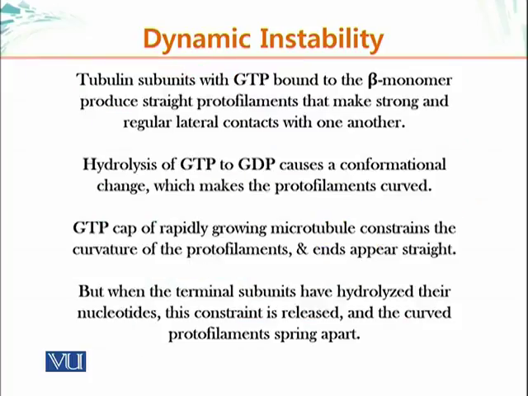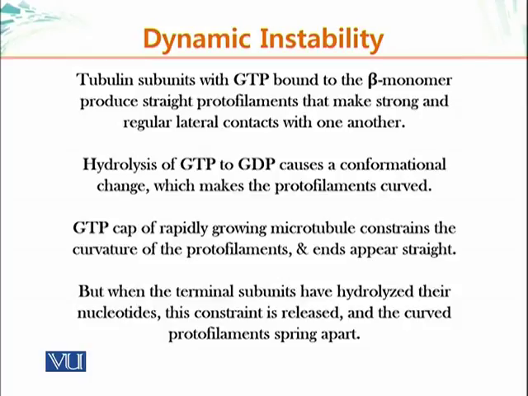Now we'll talk about some of the features of dynamic instability. Tubulin subunits with GTP bound to beta monomer produce straight protofilaments that make strong and regular lateral contacts with one another. But hydrolysis of GTP to GDP causes a conformational change which makes the protofilament curved. T form, straight protofilament.